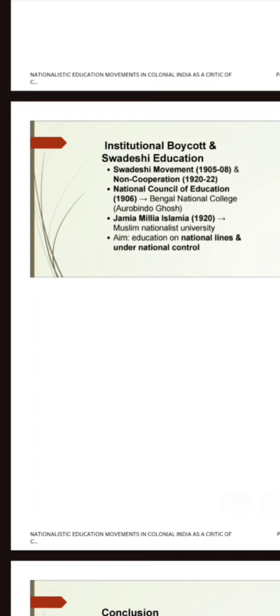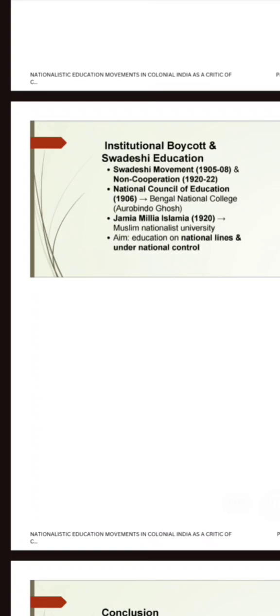The National Council of Education, 1906, Bengal National College, and Jamia Millia Islamia, 1920, a Muslim national university, aimed at education based on national ideals and under national control. The nationalists rejected British controlled schools and created their own national institutions.